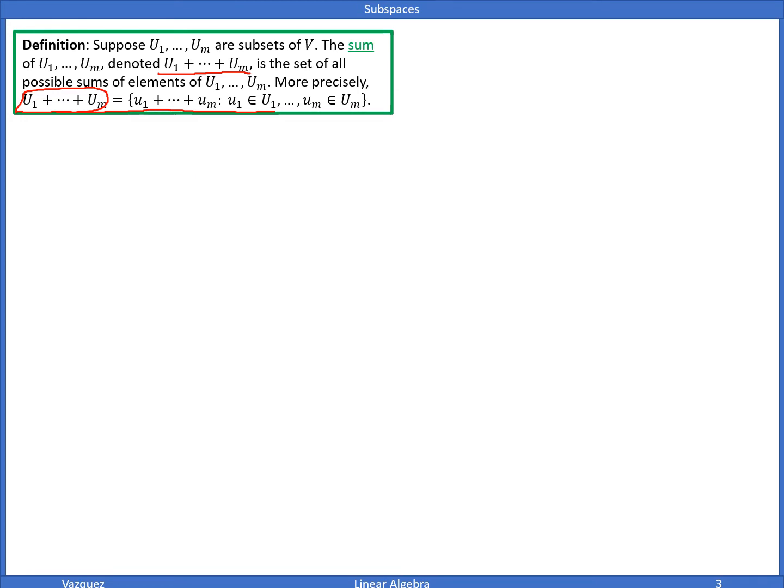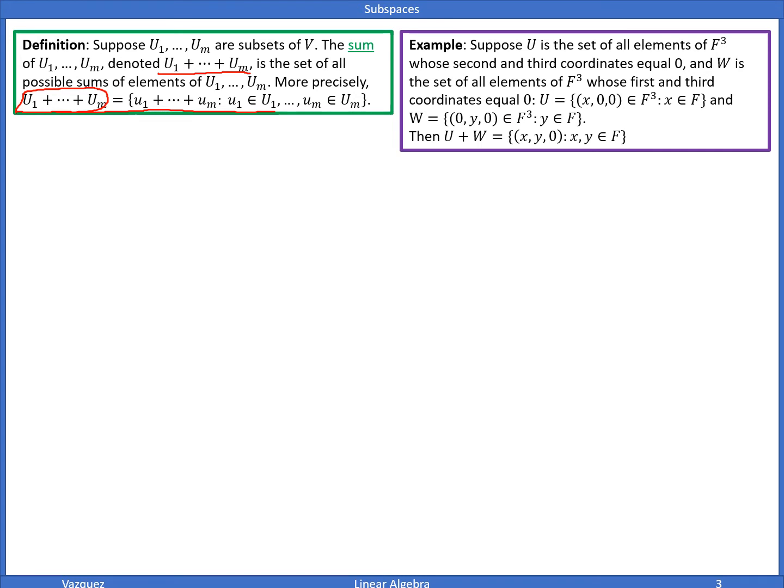So again, we can look at examples. Suppose U is the set of all elements of F3 whose second and third coordinates equal 0, and W is the set of all elements of F3 whose first and third coordinates equal 0. It shows there in set notation, maybe that helps us see it a bit clearer. This is what we're calling U. W is down here.